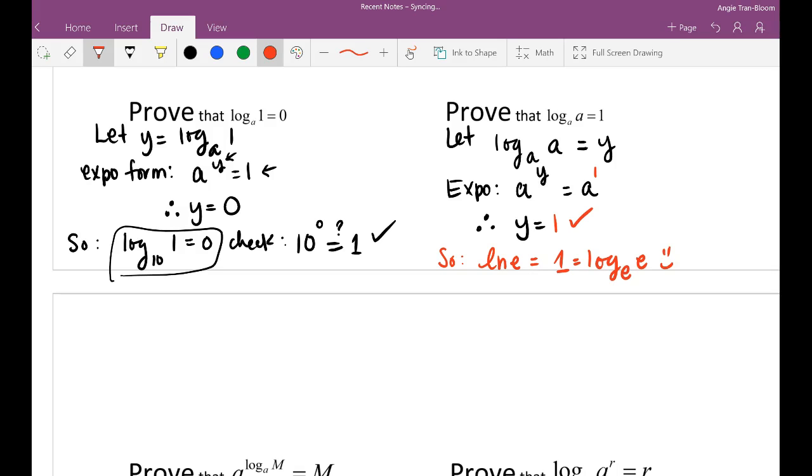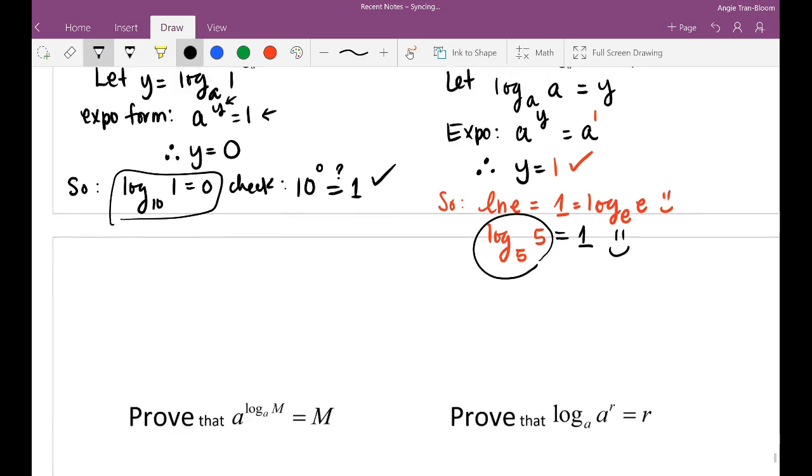Look at that. How about if I give you log base 5 of 5? From now on, you should know that this always equals 1. Happy face. Because if I see this, I don't have to do any work. I just know that it's always 1.